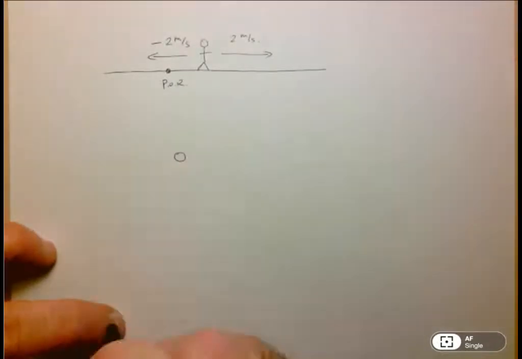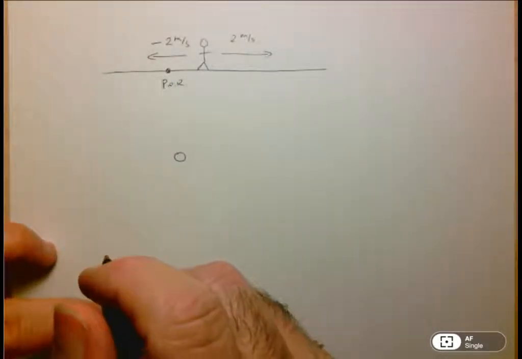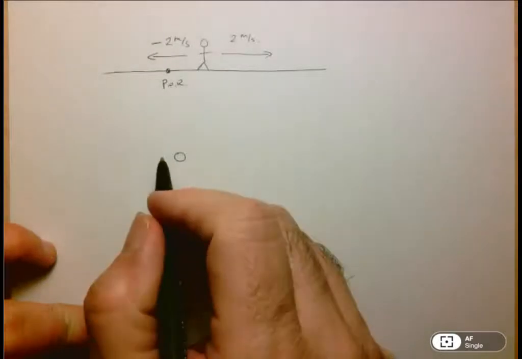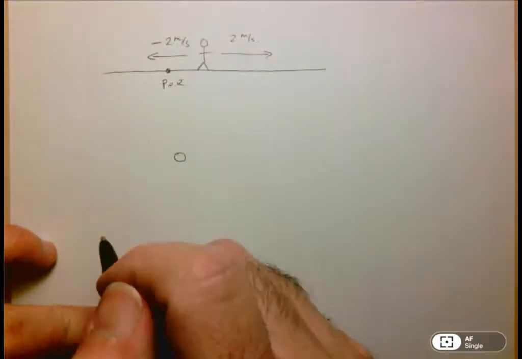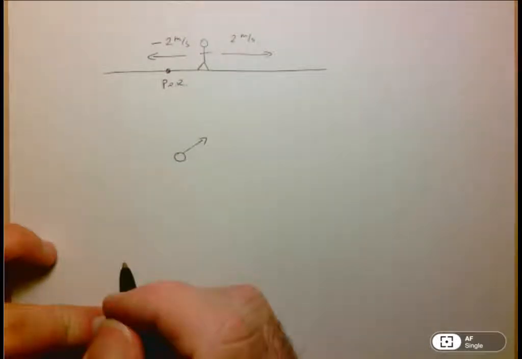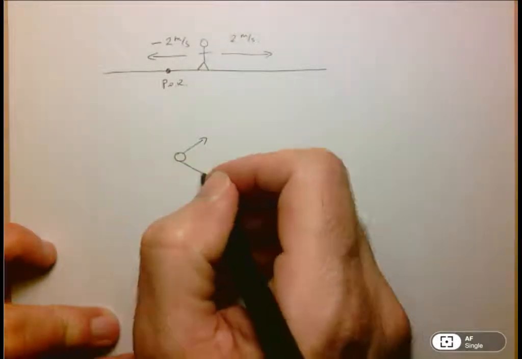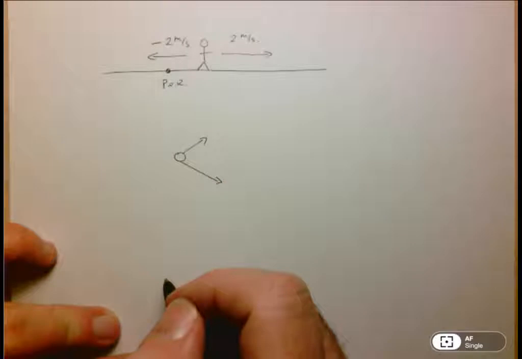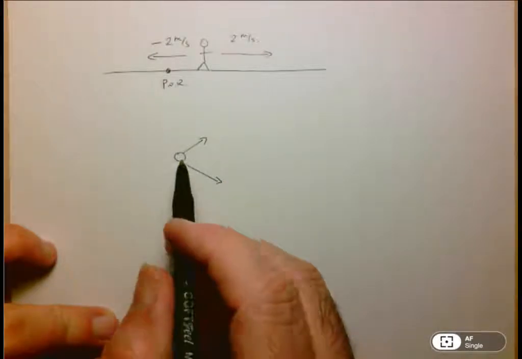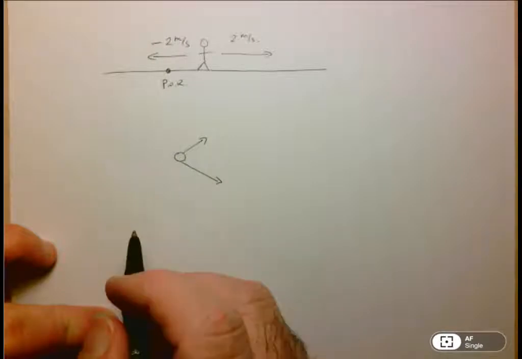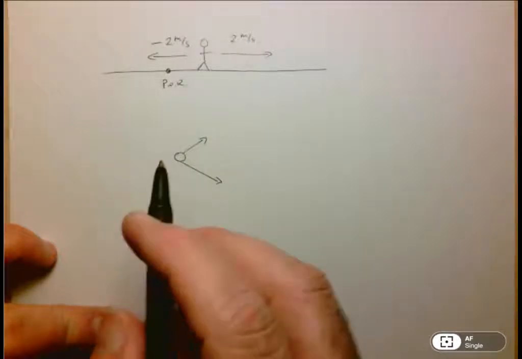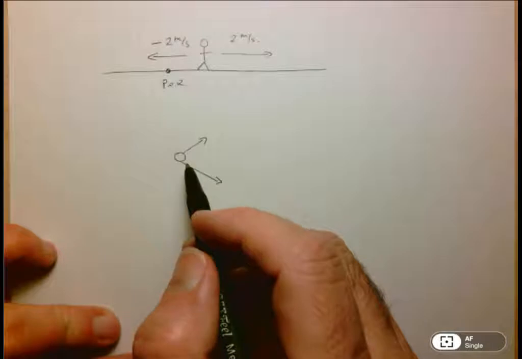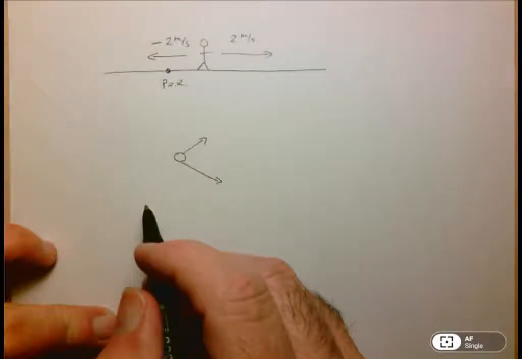Let's say we've got our object here, and it's not just being pushed in one direction or the other, but it might have a force acting on it in that direction and another force acting on it in this direction that's not in the same or opposite direction. All of a sudden we realize just positive and negative isn't enough to describe the direction of these forces.